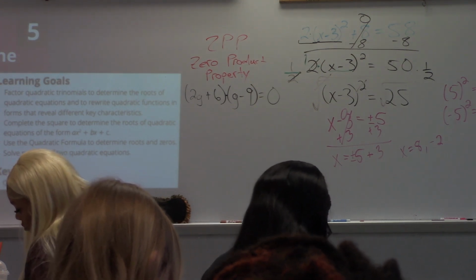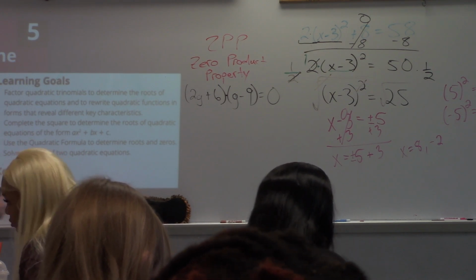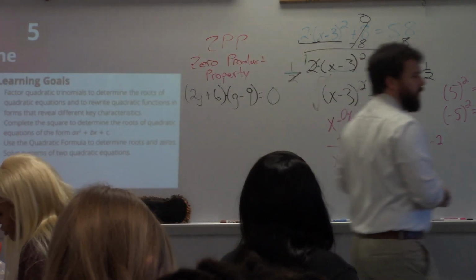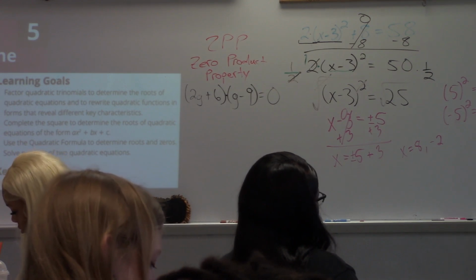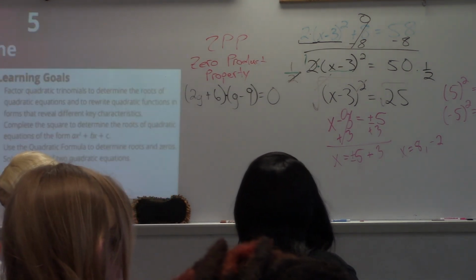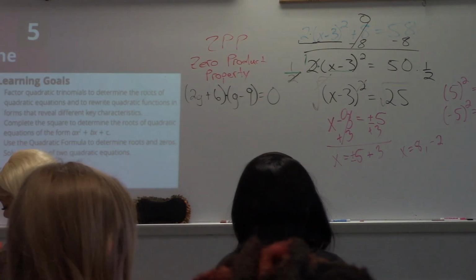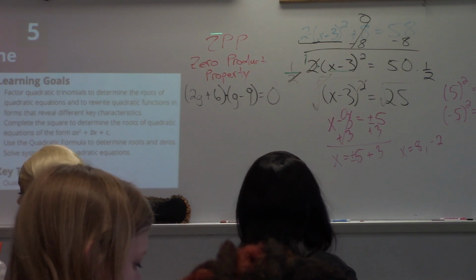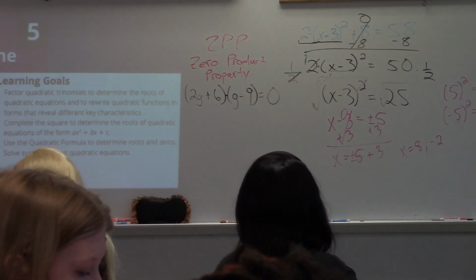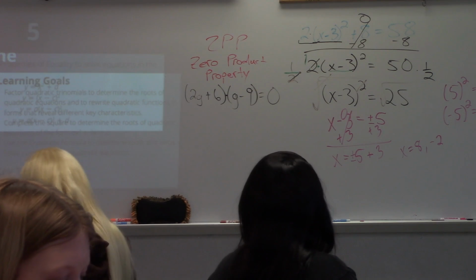Thank you. So we're going to use those inverses with properties of equality. If I have factored form, what can I use? Guys, if I have factored form, what can I use? Right here. Zero product property. That's exactly what we're going to do.